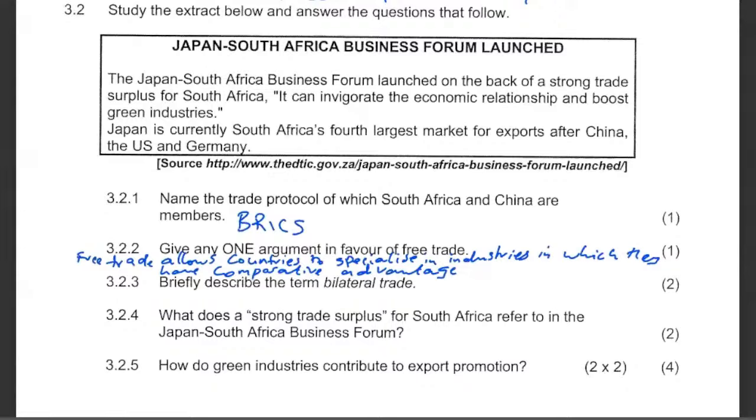Okay, right. So now let's check 3.2.3. Briefly describe the term bilateral trade. So now the bilateral trade is an agreement between two countries to mutually expand their markets.